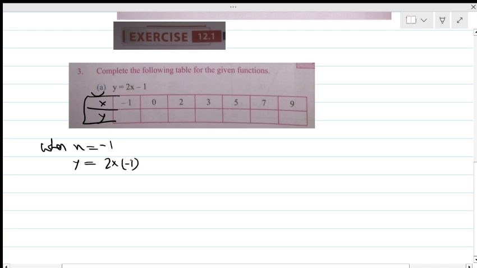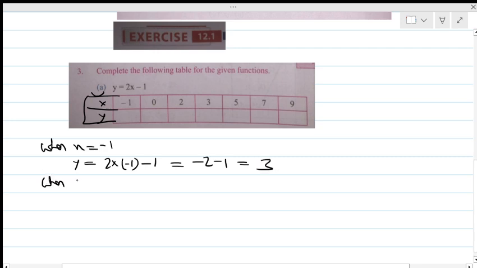Y is 2x minus 1, which means 2 into x: the input you keep as x, we multiply with 2, and from the result we subtract 1. So 2 into minus 1 is minus 2, and minus 1. Minus and minus get added. So 2 and 1 you add, you get 3. That's for x equals minus 1.